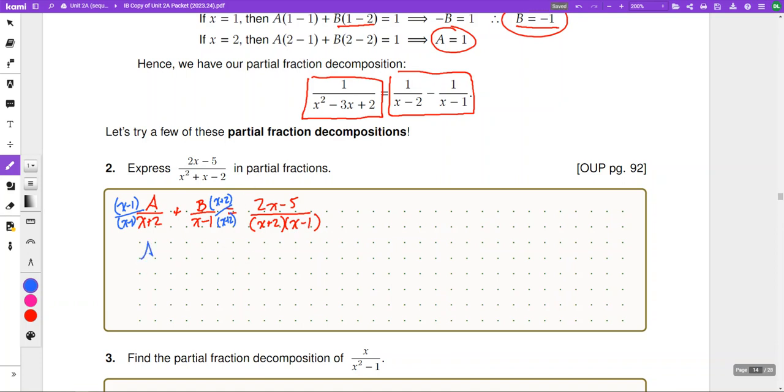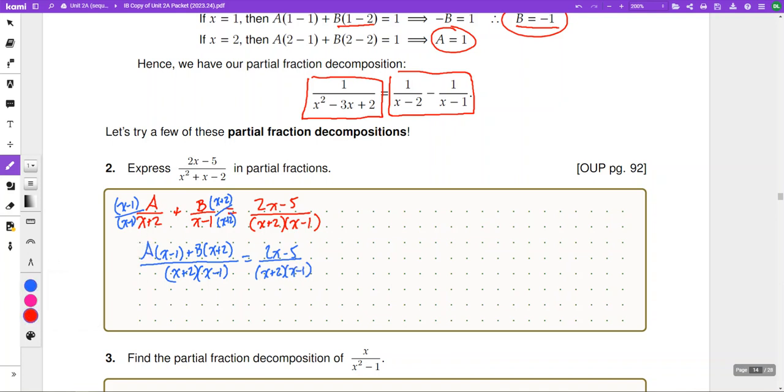Right, which then leads me to a times x minus 1 plus b times x plus 2 all over x plus 2 times x minus 1 must be equal to 2x minus 5 all over x plus 2 times x minus 1.